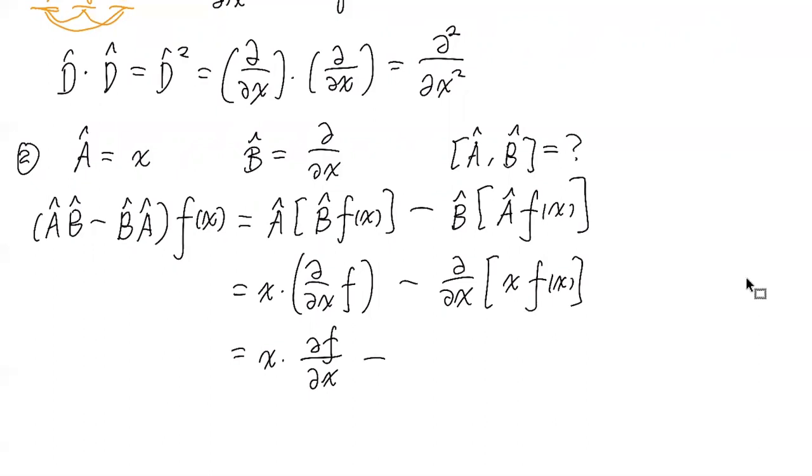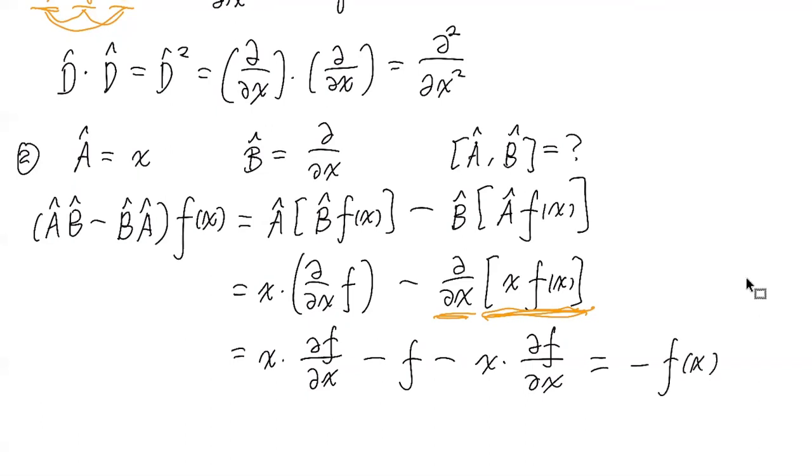The second term, please pay attention here: you have a product of functions, and you are doing a first order derivative. So what you have is minus f minus x times df/dx, right? You have two terms, not just one term. And therefore this is equal to negative f of x.